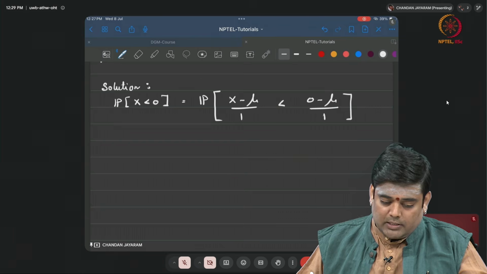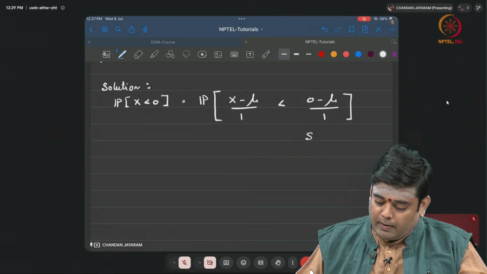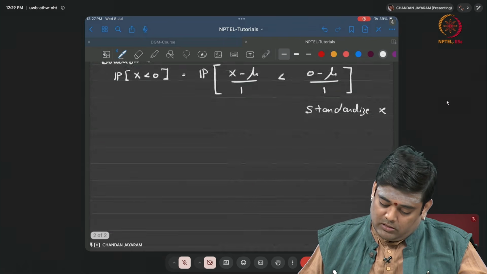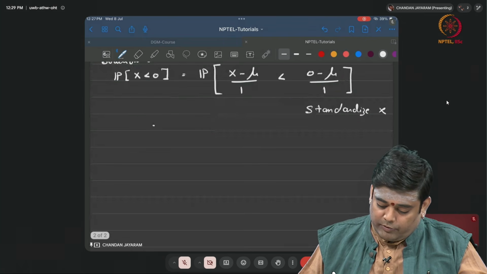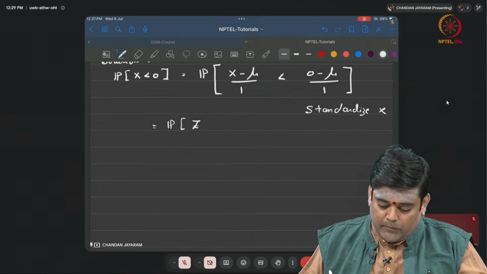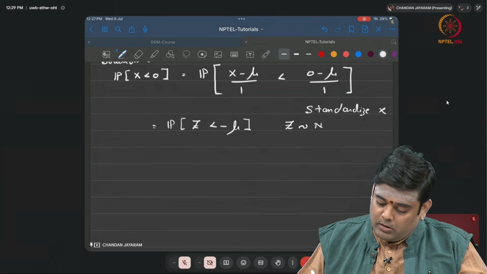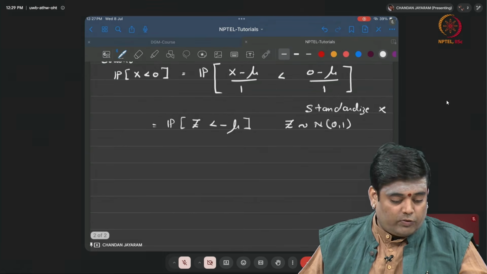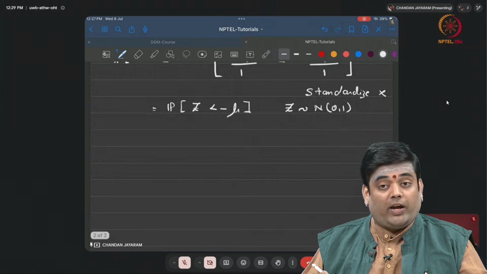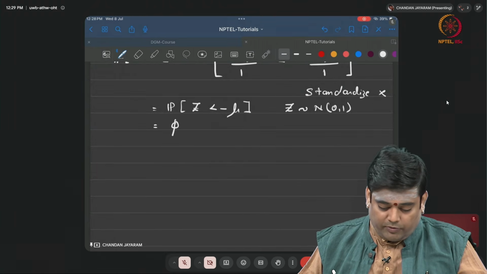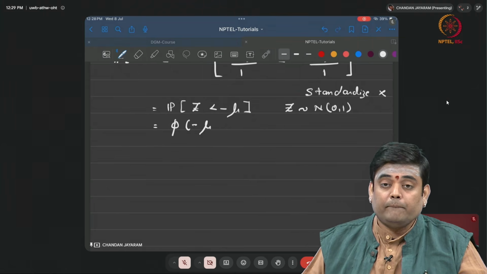We standardize x, so this is the probability of z less than minus mu. Since we have standardized, z is from the distribution N(0,1), and we know this value from the properties of the normal distribution. This is phi of minus mu.